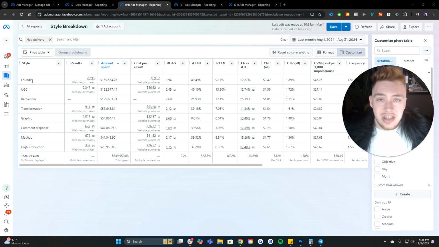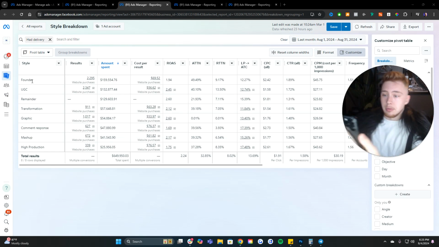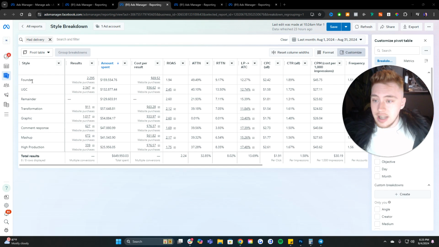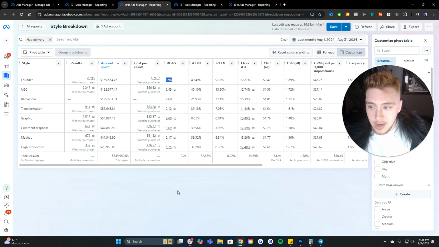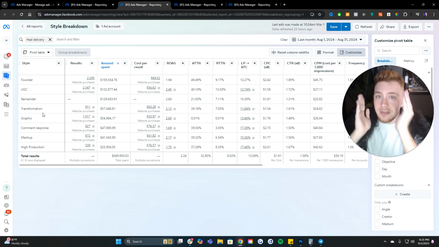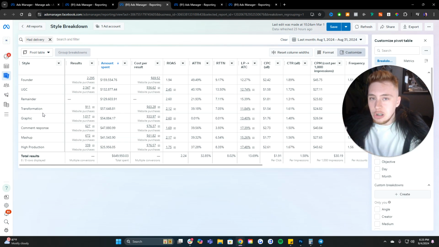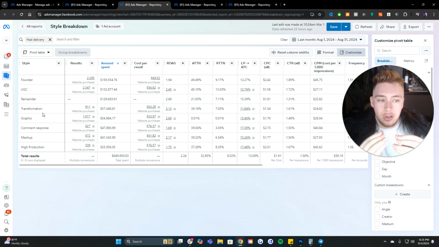So we have founder style ads where we have a representative of the company, either the CEO or the founder or the managing partner, getting on a video, holding their phone up, UGC style, and talking about the product. That's crushing, 1.94x, right? Then we have user-generated content. We have transformation style, where we have life sucks over here, and then you watch the video, you understand the solution to the problem.